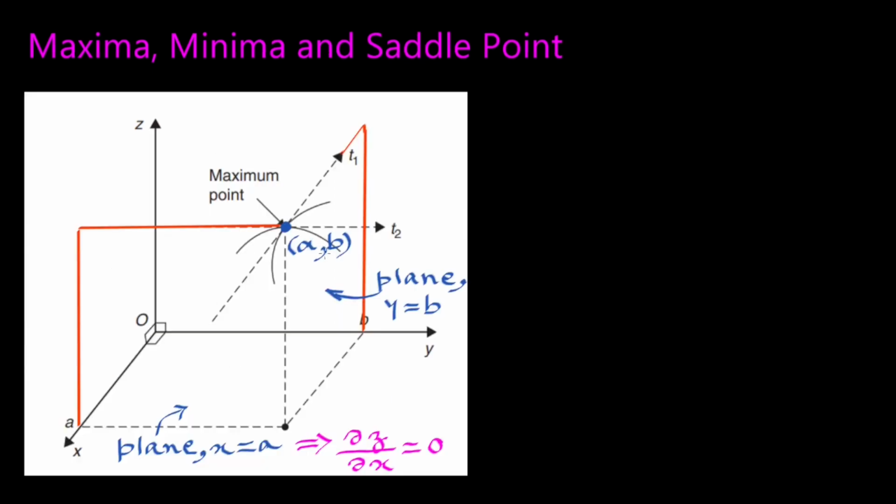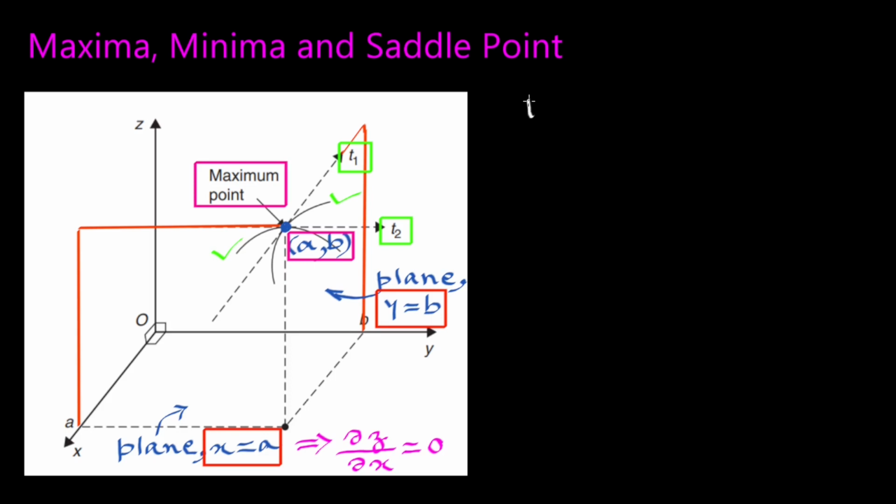When a maxima occurs at point (a,b), then the curves lying in the two planes x equals a and y equals b must also have a maximum at point (a,b) as shown. The tangents t1 and t2 to these curves at (a,b) must be parallel to axis ox and oy respectively.